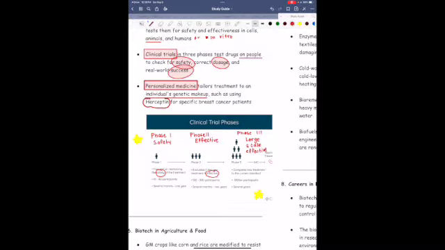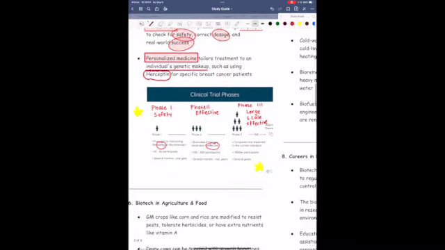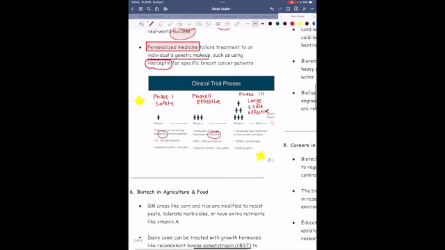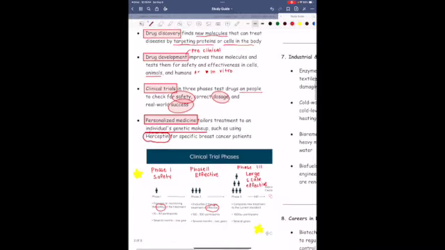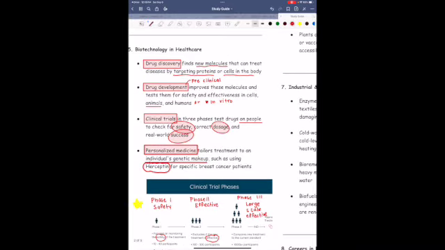Herceptin is that drug for breast cancer, and it's only used in patients that produce this HER2 protein, or the marker for that. So if they have that marker, then they will be prescribed Herceptin. Otherwise, they would not be. All right, so just maybe I'll just write up here biotechnology and healthcare largest user.